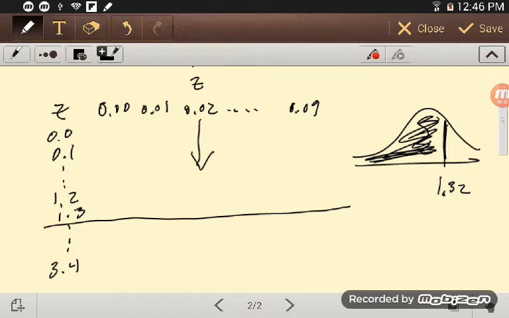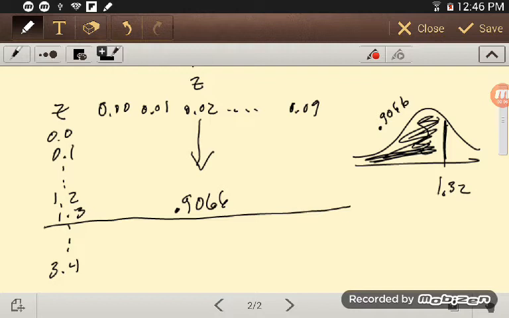It looks like 1.32, and so that is 0.9066. Okay, and I get that number, and so that is that area there, 0.9066.